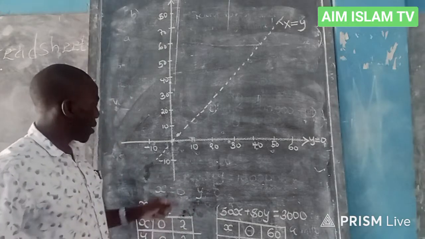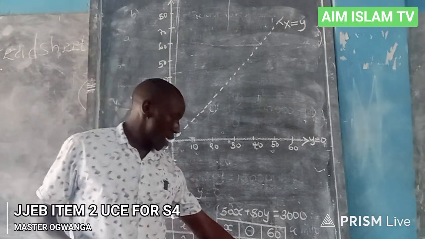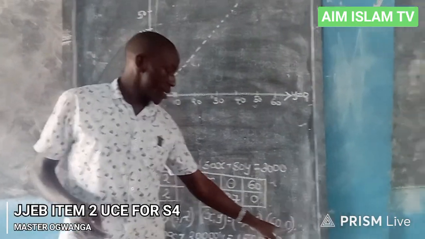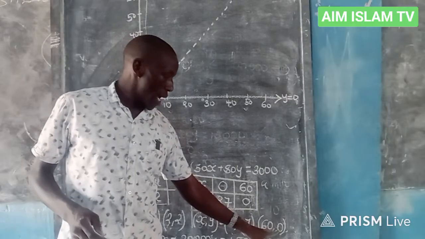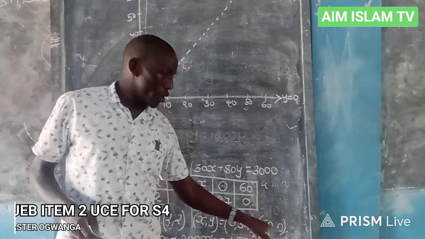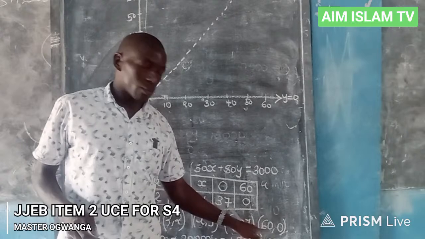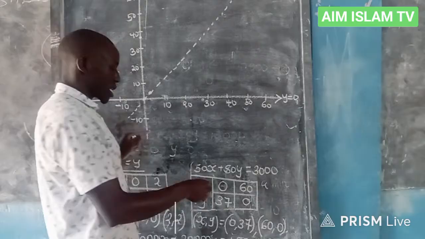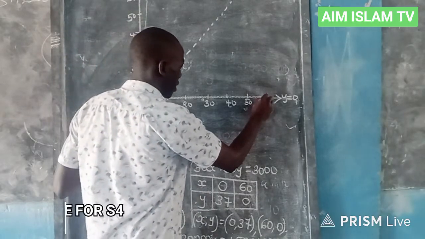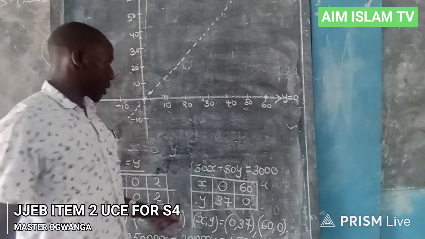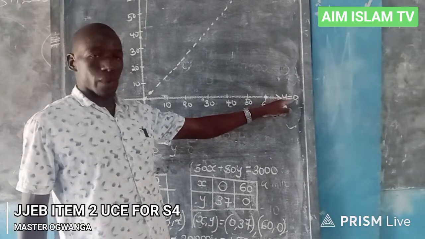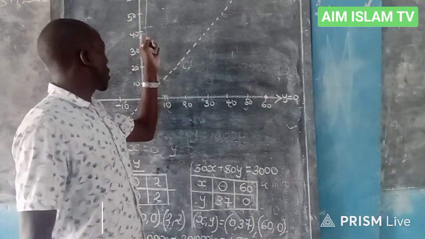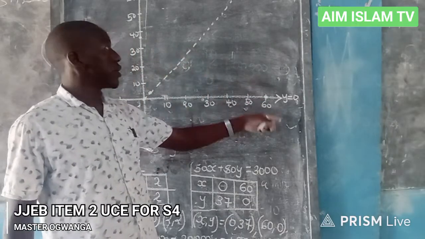Then on the next one, we are looking at 60 and 0. The 60 is for x and the 0 is for y. Meaning, at this point, we don't have the coordinate of y, but we are having x. I am going to look for where there is 60 on the x-axis. That is at that point, because it's where y is equal to 0 when we have the coordinate of x. So I am going to join this point also.